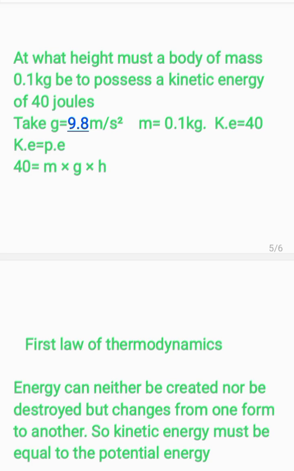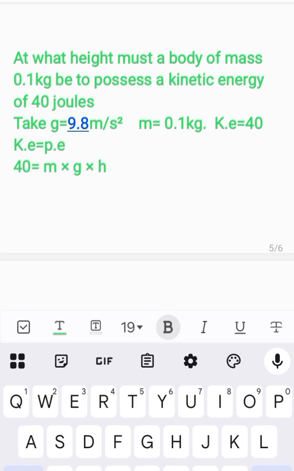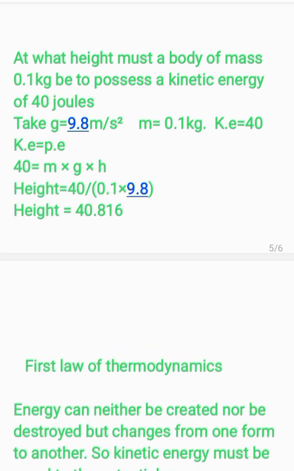Now, we want to isolate the height. Therefore, using the change of subject formula, which I will teach in mathematics, stay tuned for mathematics change of subject formula. Now, the height is isolated.